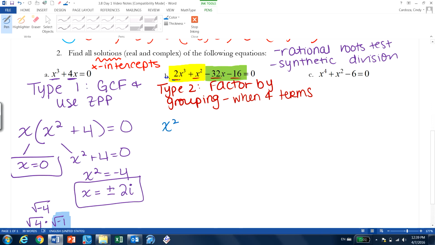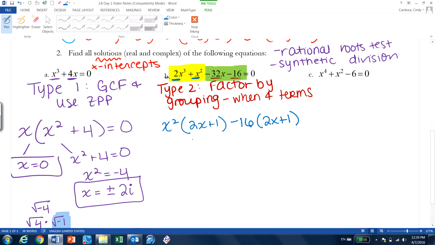So both of these have an x squared in common. What I end up having left is 2x plus 1. So that's just for the yellow. For the green, what they have in common is -16. I'm taking out that negative so that what I have left is 2x plus 1 again.